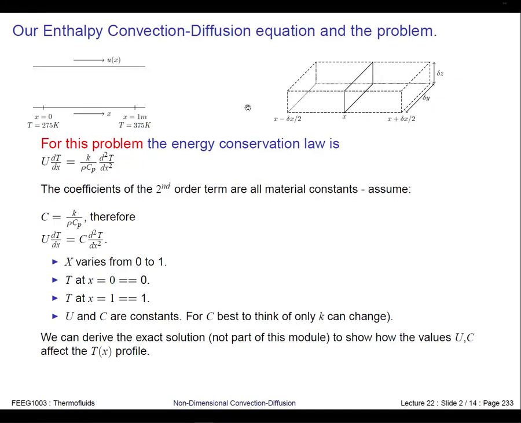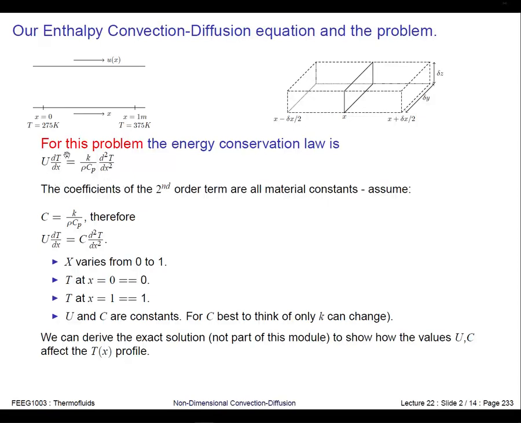Therefore, conservation of energy tells us that the fluxes going in and out of the control volume for energy must balance, and this is the equation that must hold to define conservation of energy in this particular control volume due to the convective and diffusive fluxes.